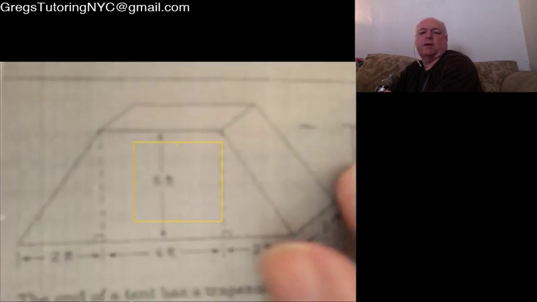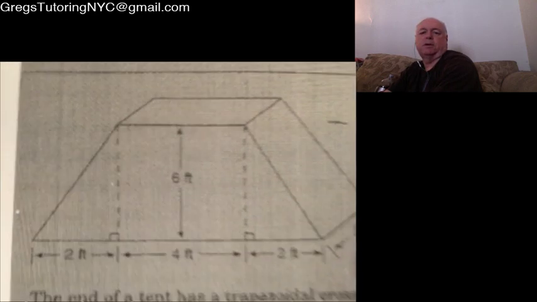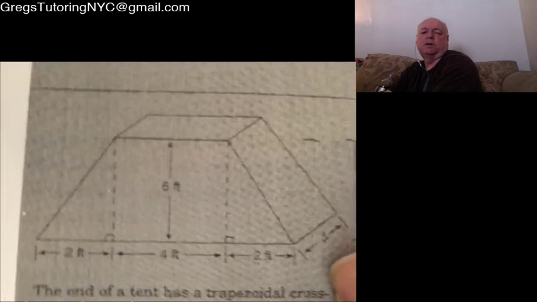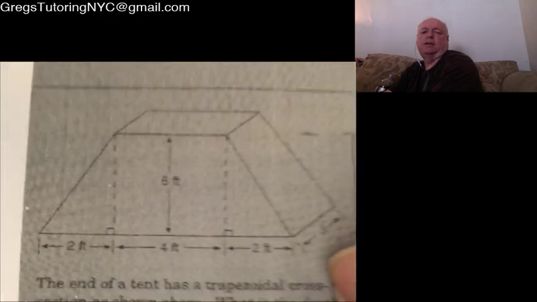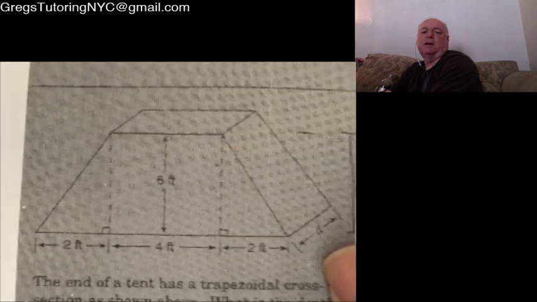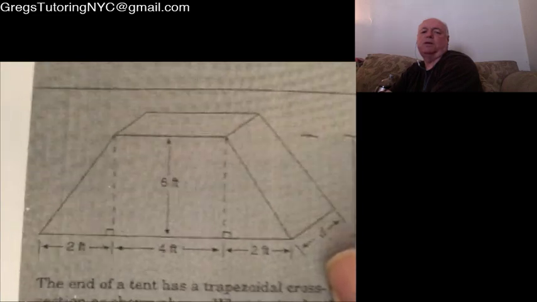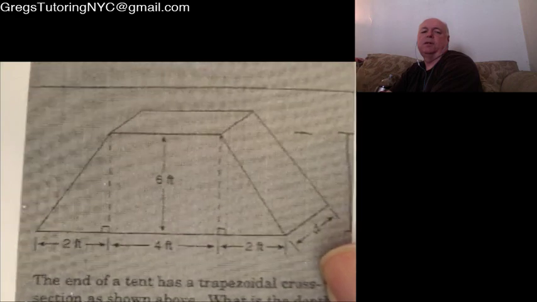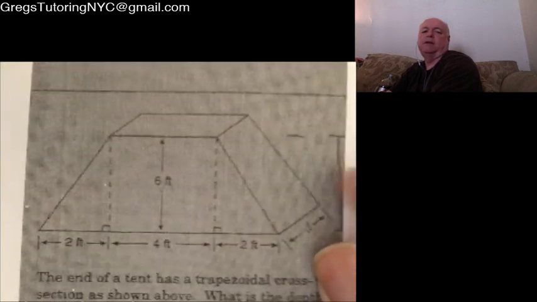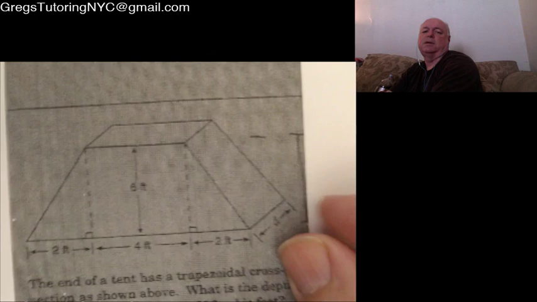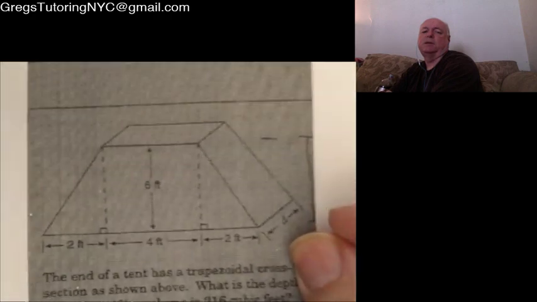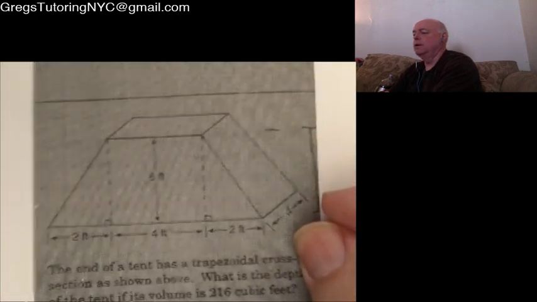All right, so we have a trapezoid. I'm going to move the camera back and forth today. We have a trapezoid that has a height of 6 feet. There's the little corner piece, which is 2 at the bottom, 4 at the bottom, and then 2 at the bottom. And this over here says D. This isn't working either.